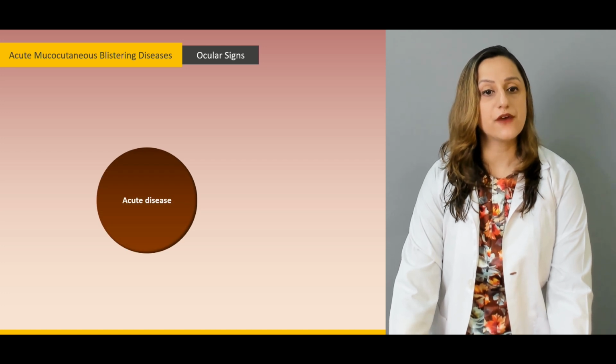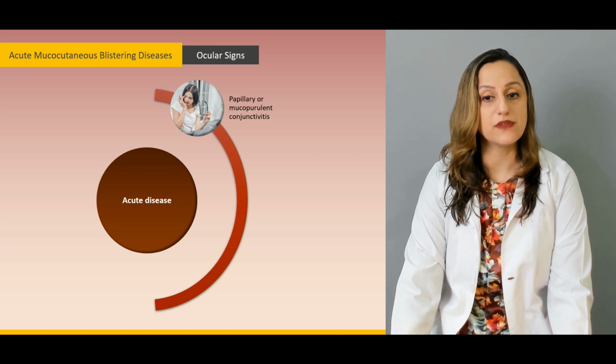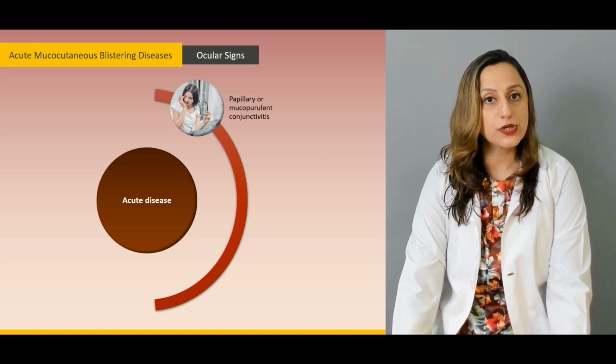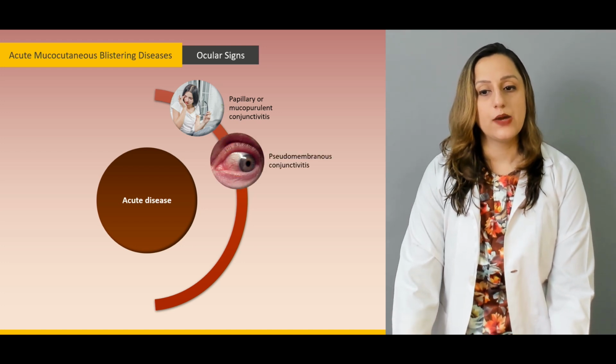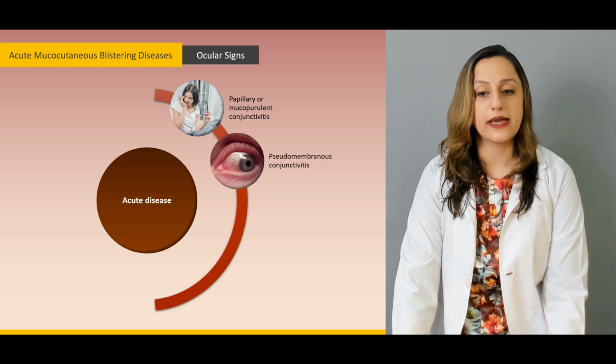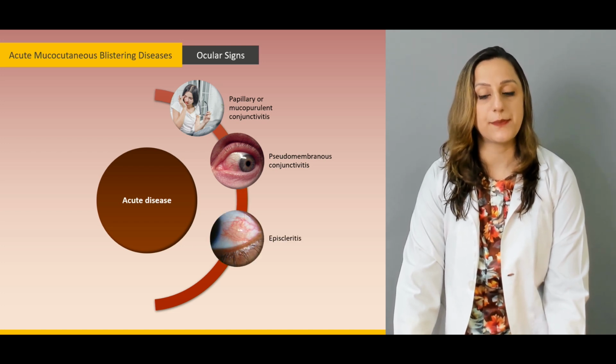Then moving on, we have the ocular signs of the mucocutaneous blistering diseases. We have papillary and mucopurulent conjunctivitis that the patient would be suffering from. We have pseudomembranous conjunctivitis in these patients. Then we have episcleritis.